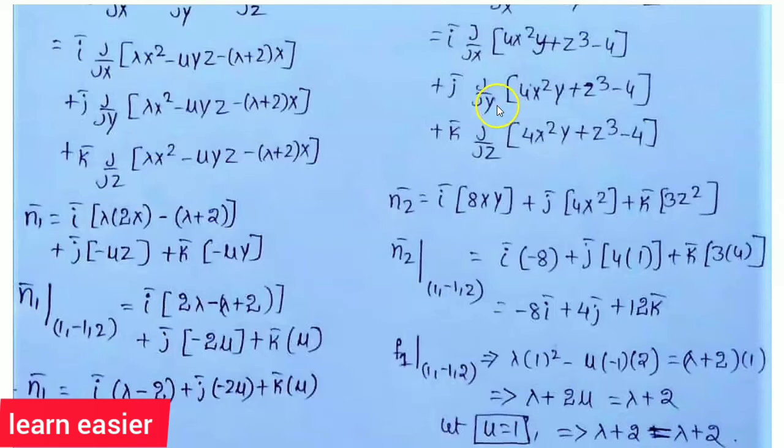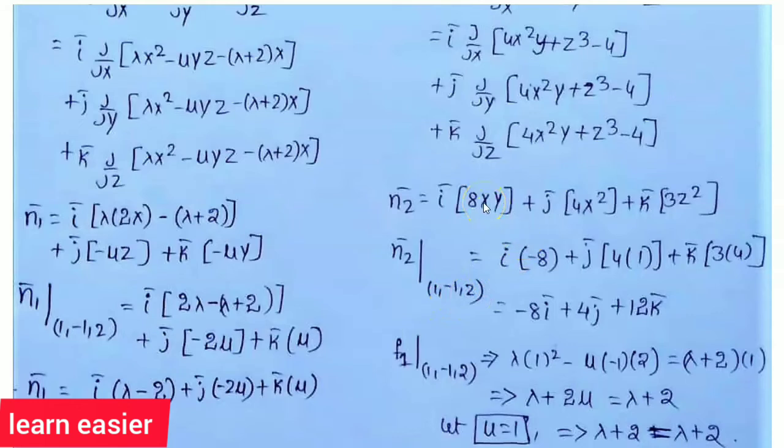Now we differentiate with respect to z by taking x and y as constant, so this term becomes 0, the derivative of z cube is 3z square, and the derivative of a constant is 0. So finally we get n2 bar is i bar into 8xy, plus j bar into 4x square, plus k bar into 3z square. Now we have to substitute the point 1, minus 1, 2.